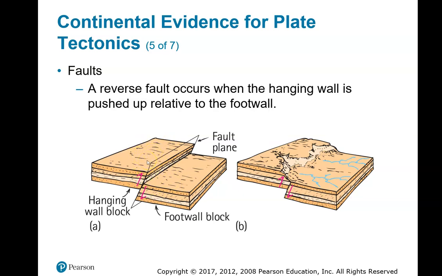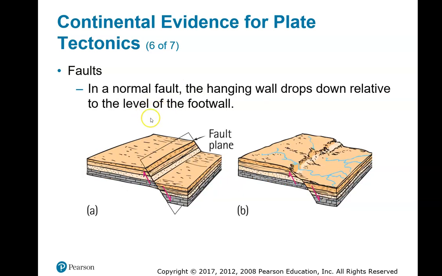The other side is important too, it's called the footwall, but what the hanging wall is doing is what's important to us. So if the hanging wall rises, that's called a reverse fault. That's just what they call it. It's a reverse fault because the hanging wall is rising. Guess what? If the hanging wall is falling, that's a normal fault.